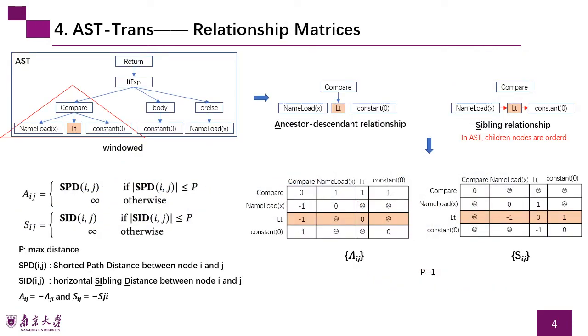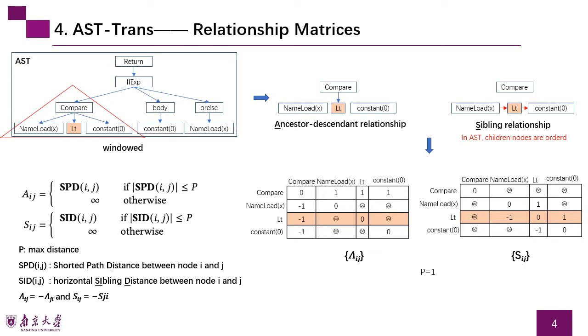We define two kinds of relationships between nodes in the tree: ancestor-descendant and sibling relationships. We consider sibling relationship because in AST, children nodes are ordered. For example, 0 < x and x < 0 have different sibling relationships.